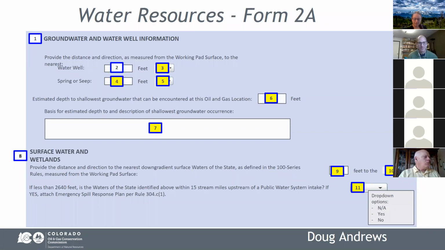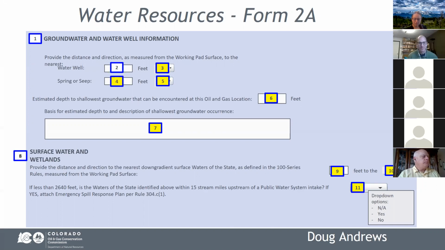If it's a stock well with a little stock tank, you can see those on aerial images, and sometimes they don't line up on the aerial image exactly where that blue dot is. Sometimes topographic maps will show a little symbol for a water well, and they won't line up exactly where that blue dot is. So use those tools to help you determine exactly where these water wells are in relationship to your location, so you can accurately give us the distance and direction.